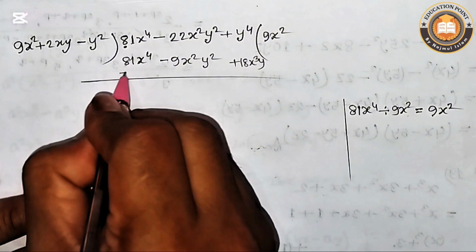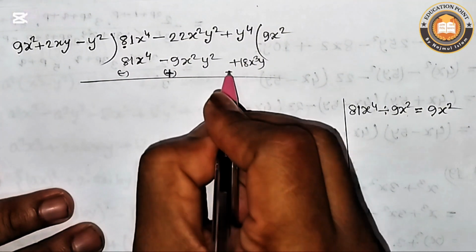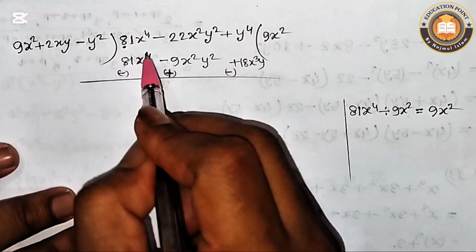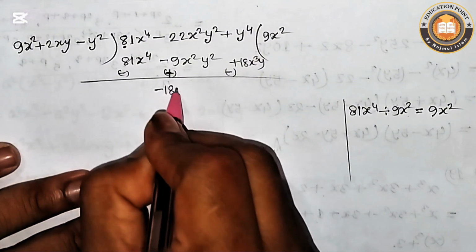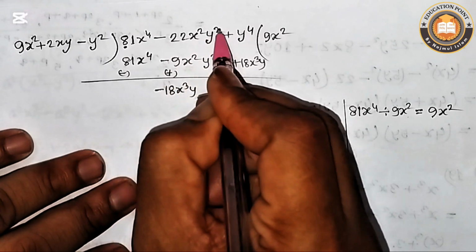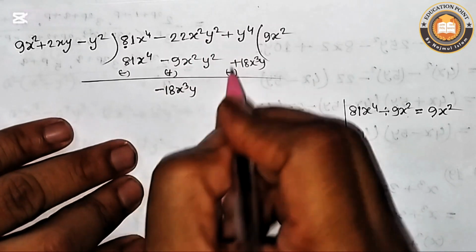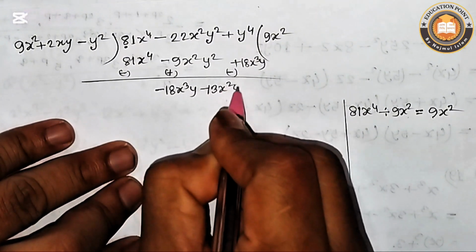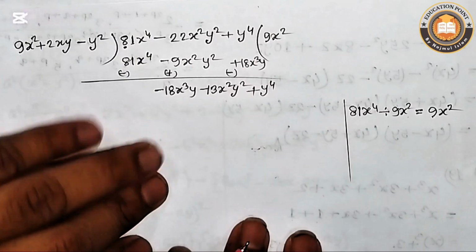According to the division law, their sign will be changed. Plus 81x⁴ minus 81x⁴ equals 0. Then we can write minus 18x³y, subtracted value of minus 22x²y² and plus 9x²y² equals minus 13x²y², then plus y⁴.